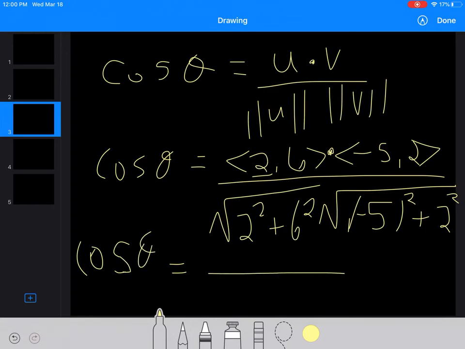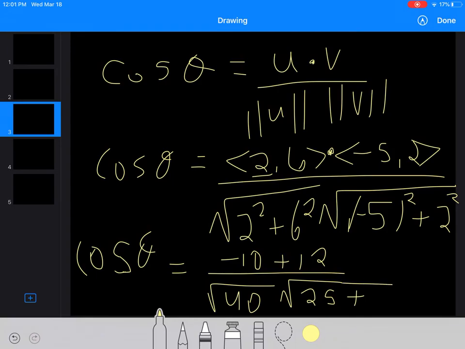So the top is going to be 2 times negative 5 is negative 10, plus 6 times 2, which is 12. The bottom is going to be the square root of 2 squared is 4, 6 squared is 36, so square root of 40. And the other square root is going to simplify to negative 5 squared, which is 25, and 2 squared, which is 4.